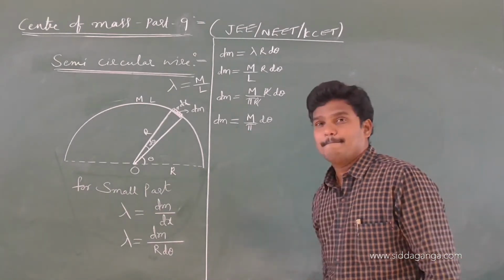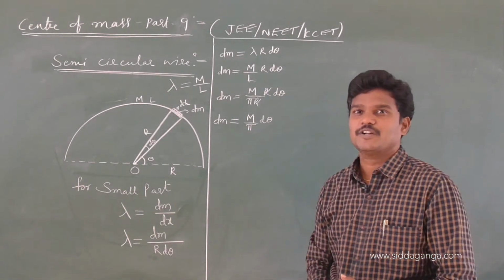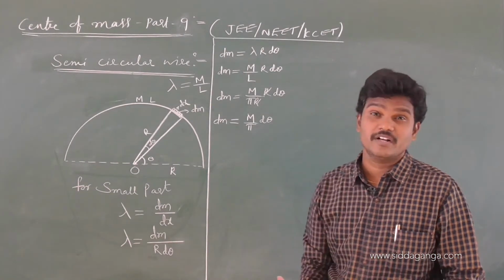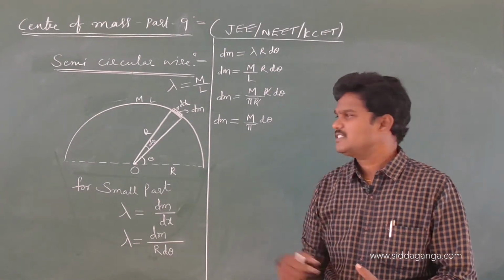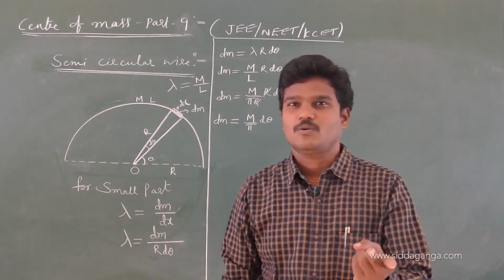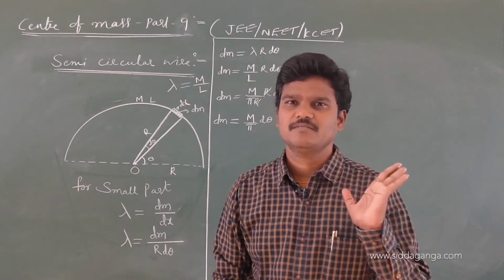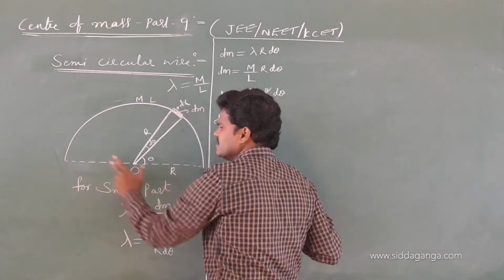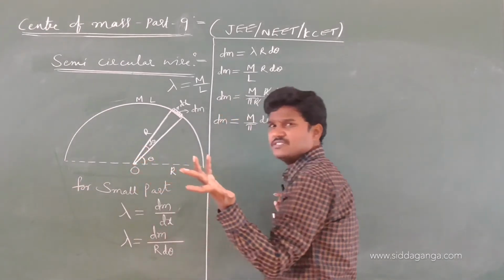I got dm. Then the target is to find the coordinates of the center of mass. Let us see whether we will get x coordinate or y coordinate, because it is a plane, so there are two coordinates. We can expect the x coordinate easily because of symmetry. See, these parts are at the same distance, center of mass is here, so there is no change in the center of mass.